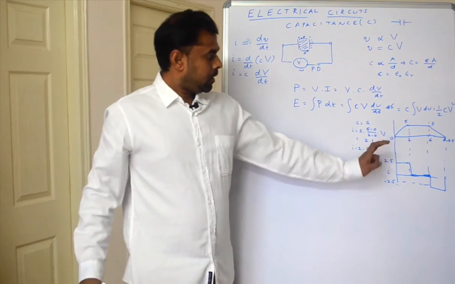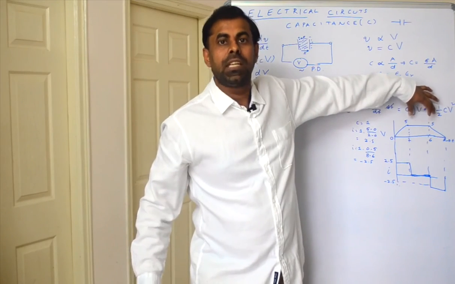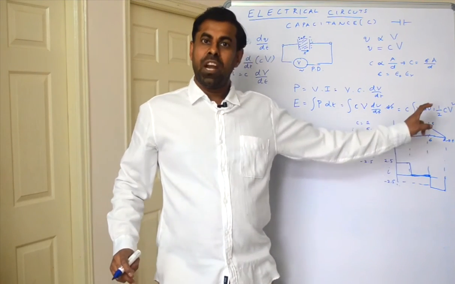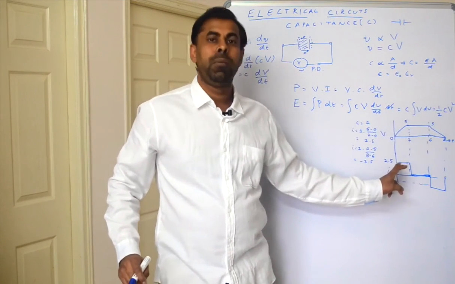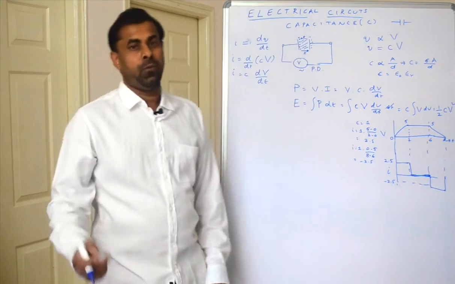The conclusion here is that as long as the voltage applied across the capacitor is constant, the current consumed is 0. If a rising voltage is applied, there will be a positive current. If a decreasing voltage is applied, there will be a negative current consumed.